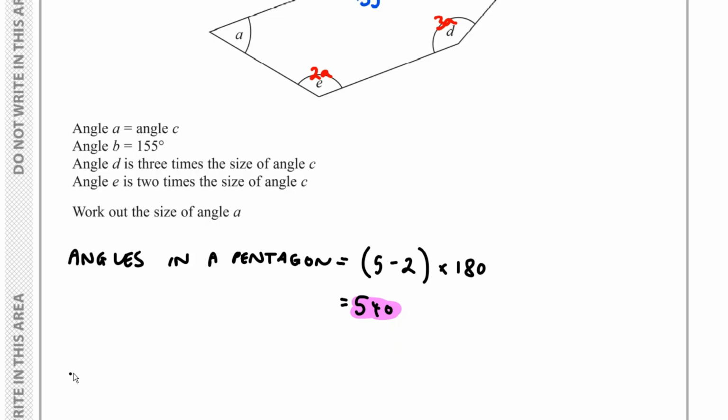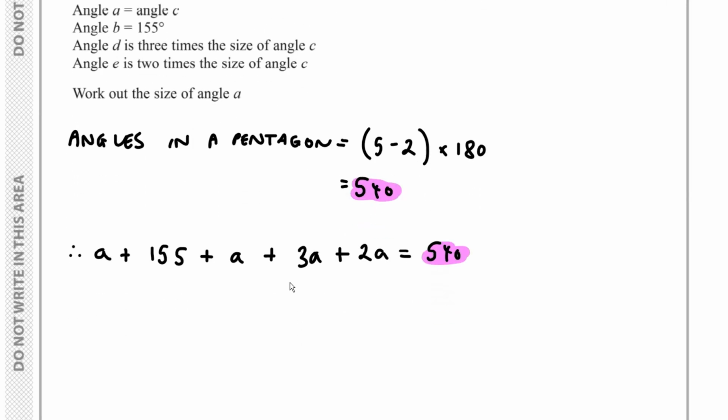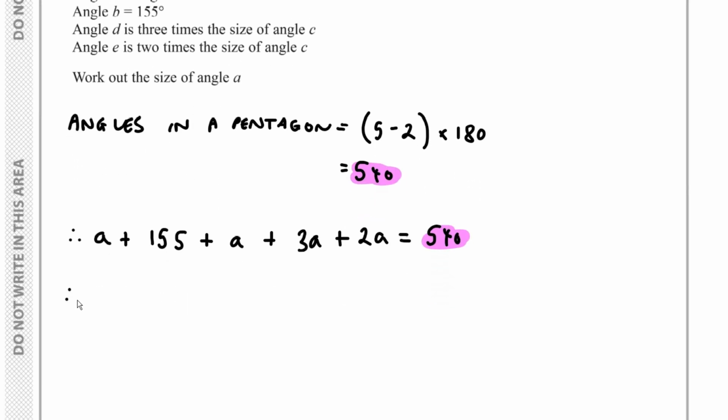So we have A plus 155 plus another A plus 3A plus 2A equals 540. So let's simplify. We have 7A plus 155 equals 540.